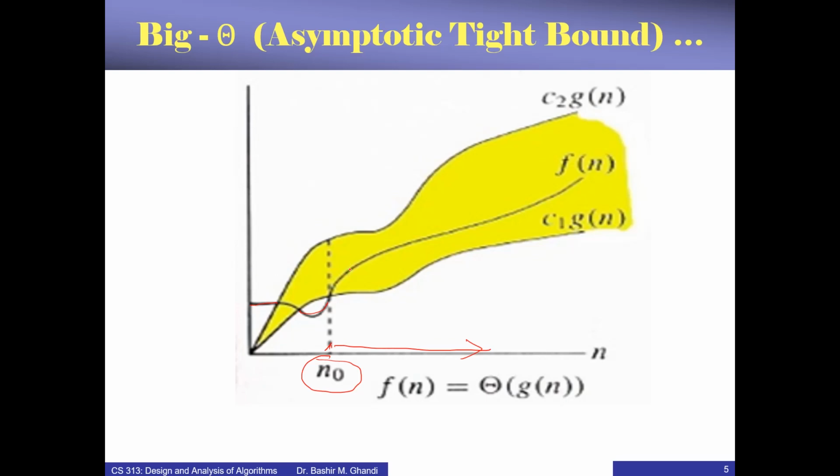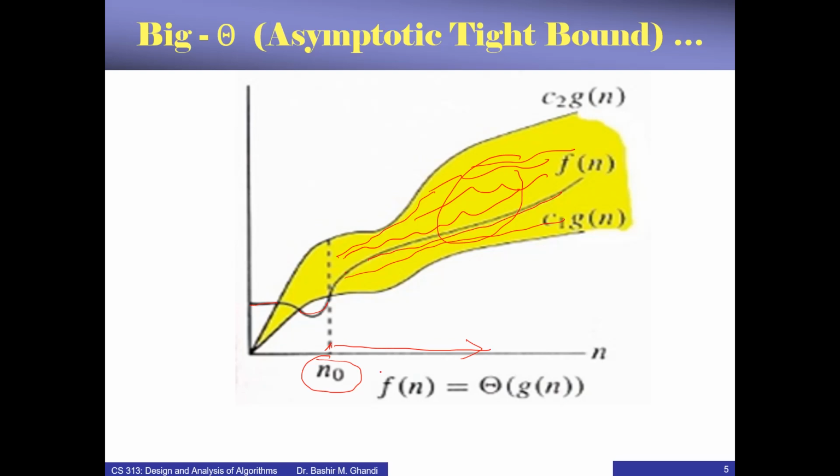Okay, so again, looking at it differently, theta of gn is a set of functions. So all functions here within this yellow portion, where the functions are bounded between c1 gn and c2 gn, they all belong to the same class. This is what we are saying. So fn is just one of them.